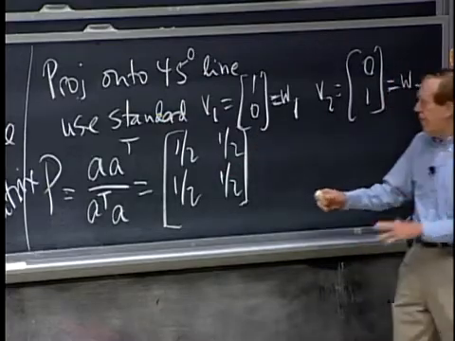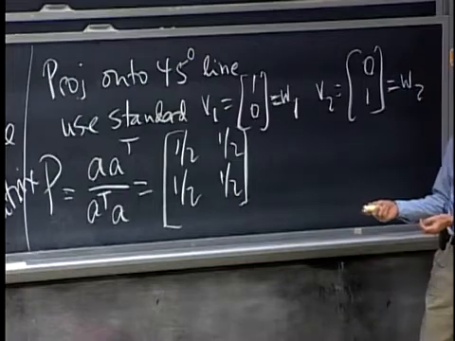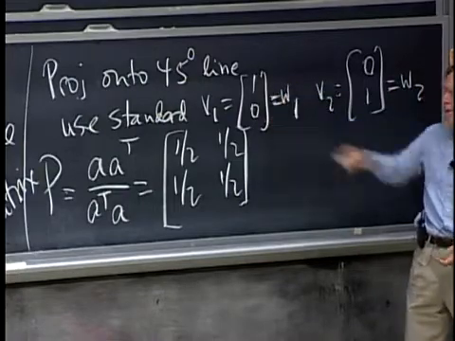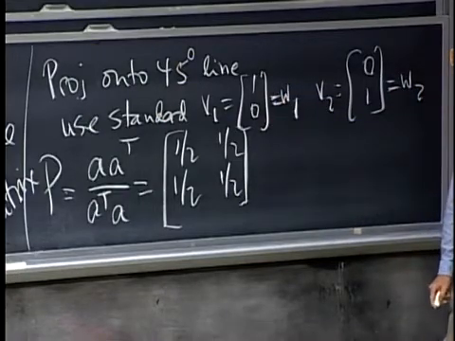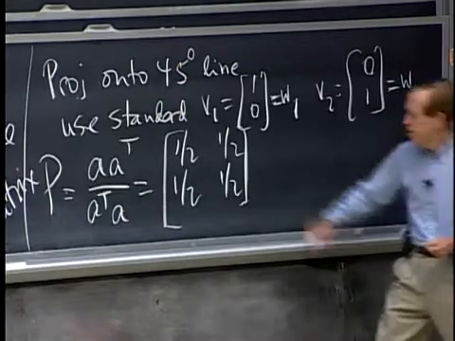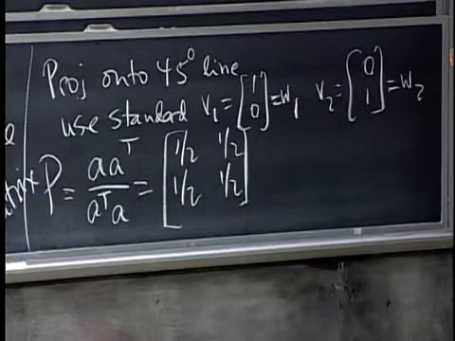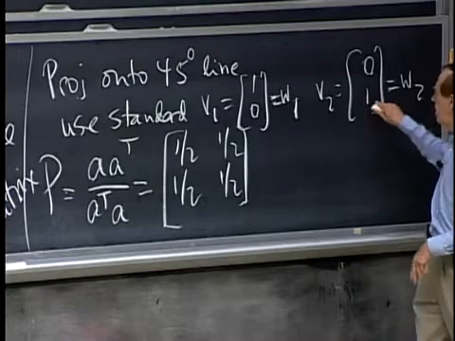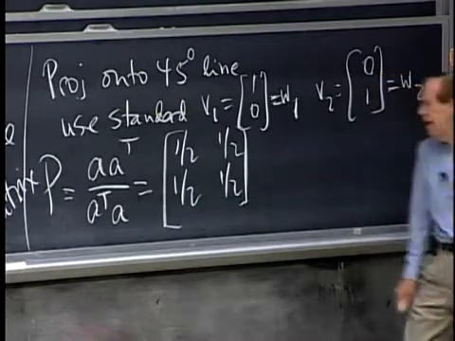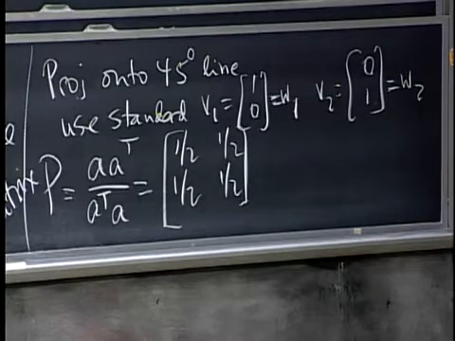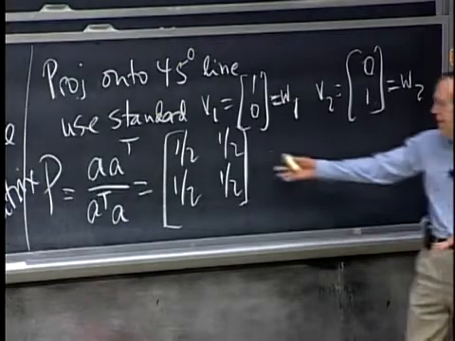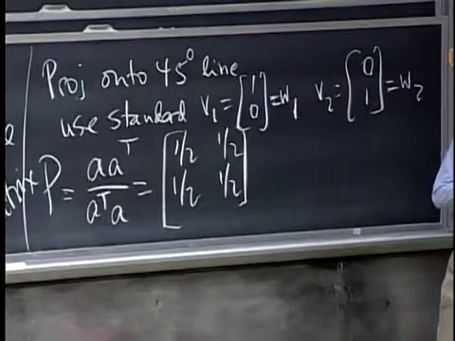If I give you this input, 1, 0, what's the output? The output is 1/2, 1/2. And that should be the right projection. And if I give you the input 0, 1, the output is again 1/2, 1/2. Again, the projection. So that's the matrix, but not diagonal, of course.